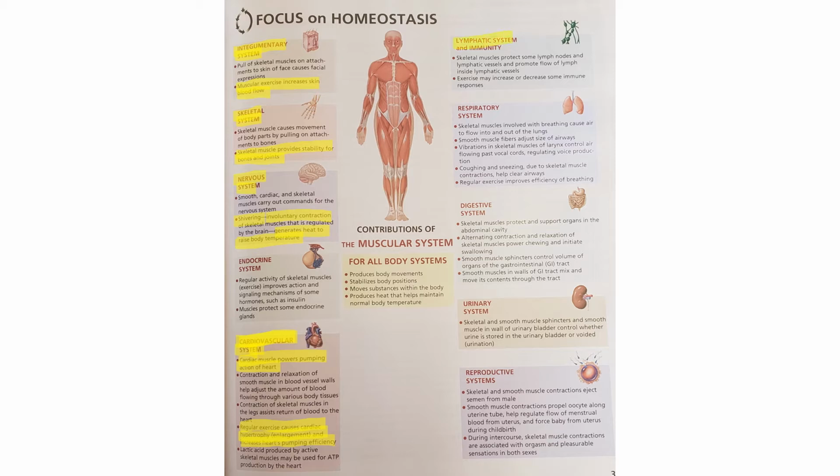The lymphatic system. One thing that we haven't really touched too much on yet, but we will when we talk about the lymphatic system, is that skeletal muscles actually help the flow of lymph around the body. So you have lymph vessels all throughout your body that help in immunity and fighting off bacteria and diseases and viruses.